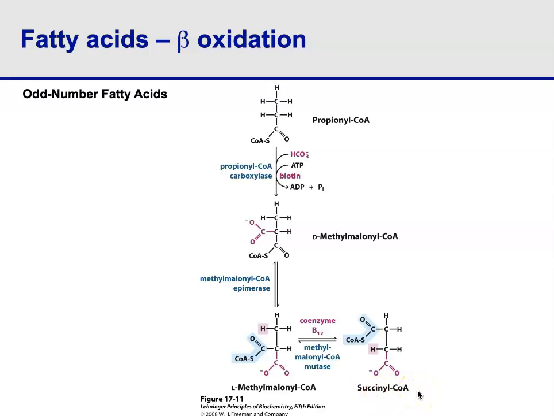And then succinyl-CoA, by now you will click right away, will enter the TCA cycle and be further converted to oxaloacetate and further degraded. All right, so that basically covers the reactions of beta oxidation for saturated, mono, poly, and unsaturated, and for odd number fatty acids.